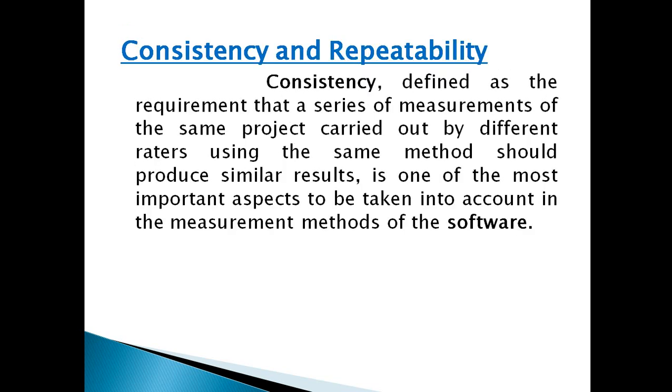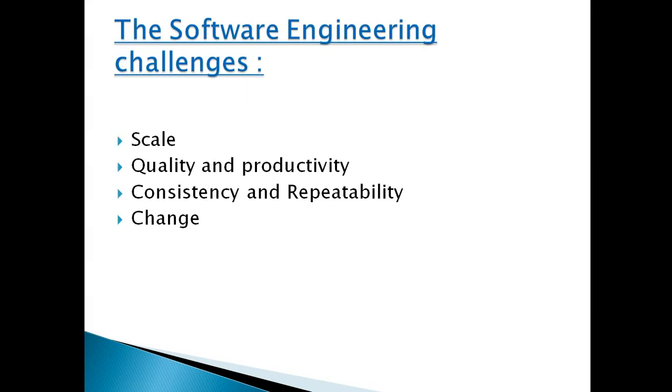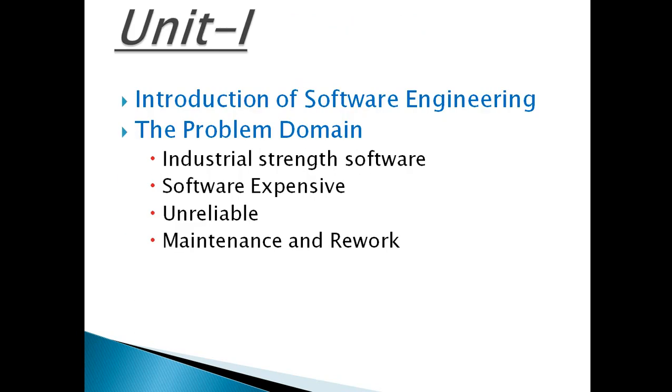Here, I already said that the software engineering challenges can be classified into four categories: scale, quality and productivity, consistency and repeatability, and changes. And today we discuss two topics. The first one is the problem domain. What problems may arise during the development of the software, right?